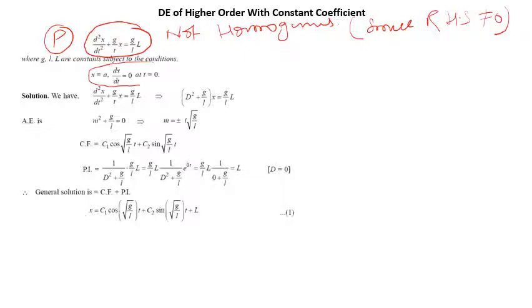This is the boundary condition. This condition is given. Now convert this differential equation into this form: d2x by dt2 plus g by l x equals g by l into capital L.